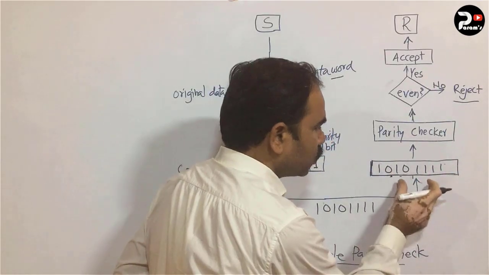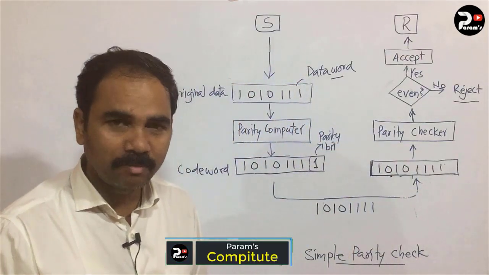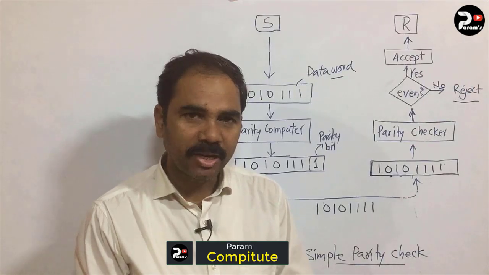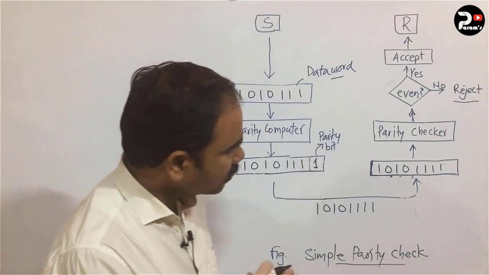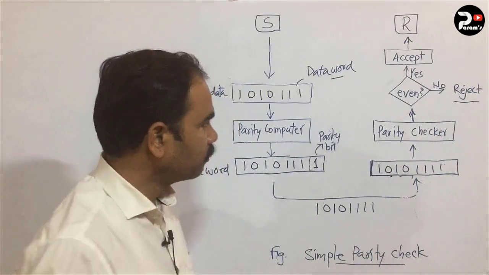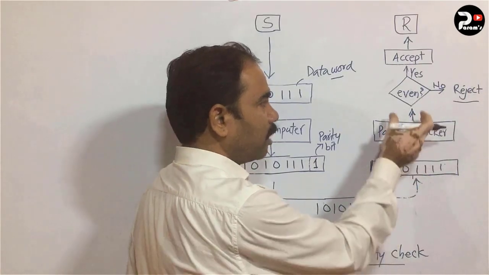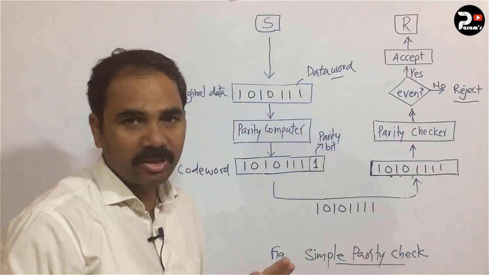When the receiver receives this data unit, it is given to a parity checker, and the parity checker will check whether the parity of the received data is odd or even. As in this case there are 6 ones, the parity of this data unit is even, and therefore this data passes the test and it will be accepted by the receiver.